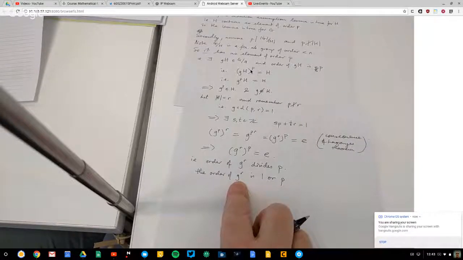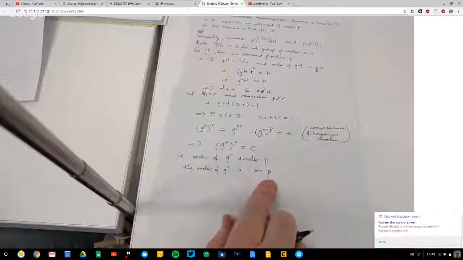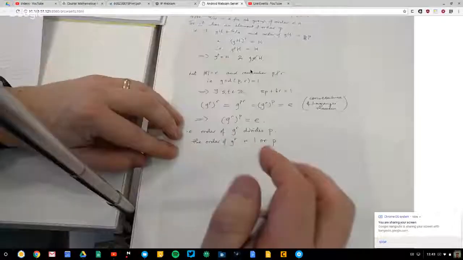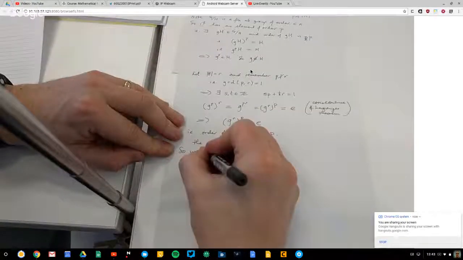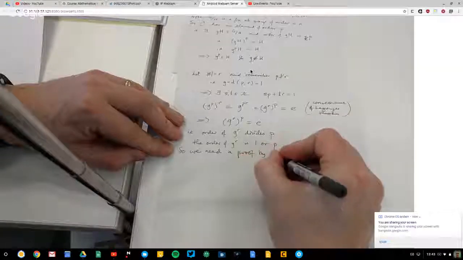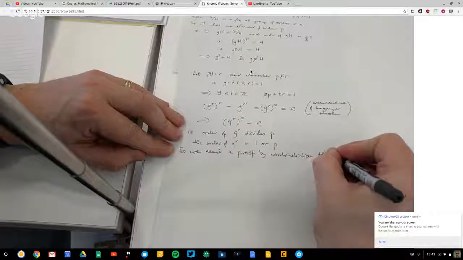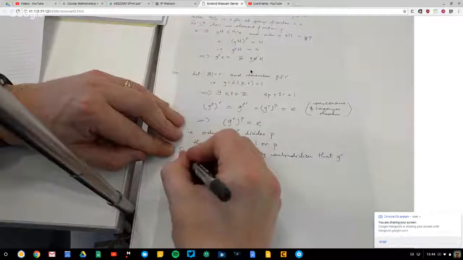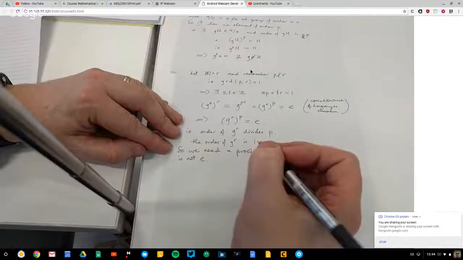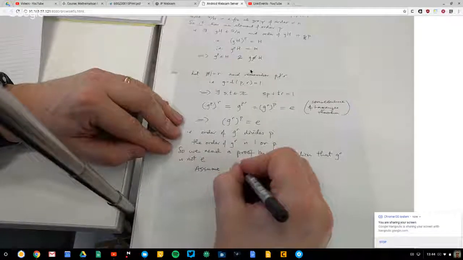We want to prove that G to the R has order P. Now we know it only has order 1 or P. So we need a proof by contradiction, probably, that G to the R is not the identity, that it does not have order 1. If it had order 1, then G to the power R would be the identity.